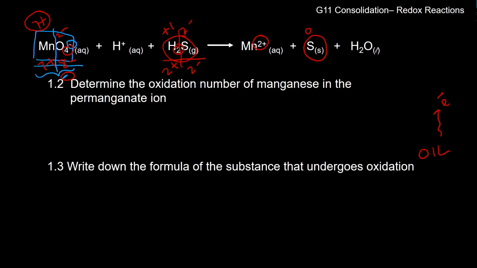Okay, so it is becoming less negative. Oxidation is loss of electrons. So the thing that is being oxidized is hydrogen sulfide. So we're going to write this down here, write down the formula of the substance that undergoes oxidation. It is H2S, hydrogen sulfide.